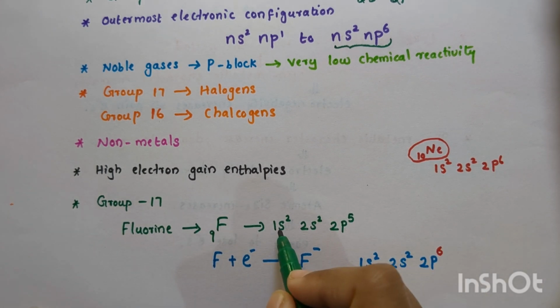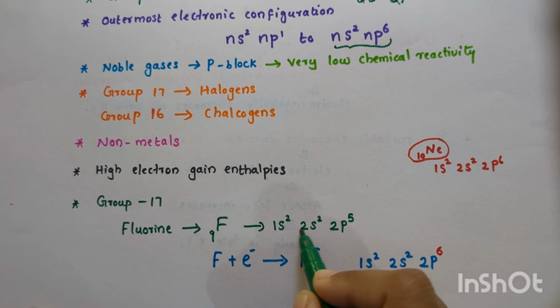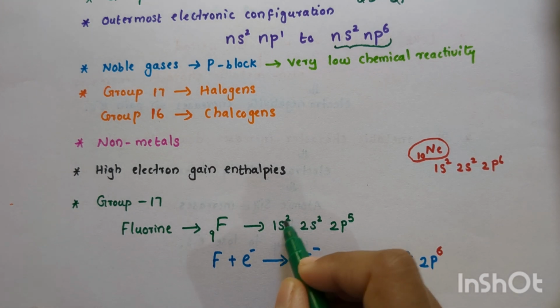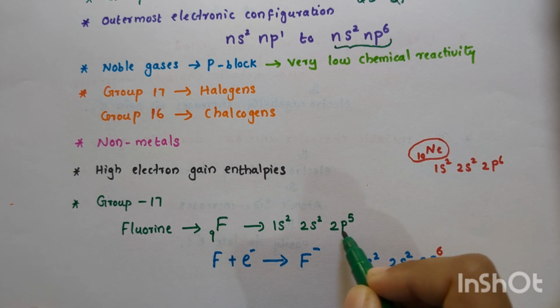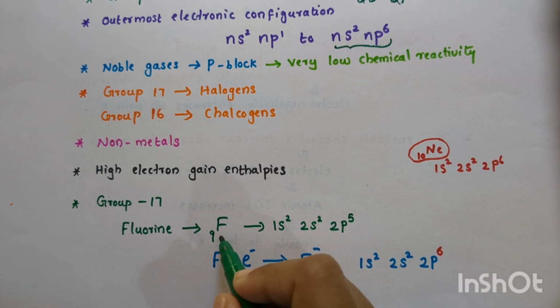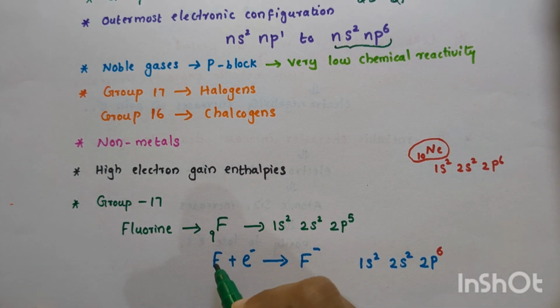The 1s orbital is completely filled, and the 2s orbital is completely filled, because the maximum number of electrons possible in an s orbital is 2. In the 2p orbital, the maximum number of electrons possible is 6, but here 1 electron is less. So fluorine will try to gain 1 electron.